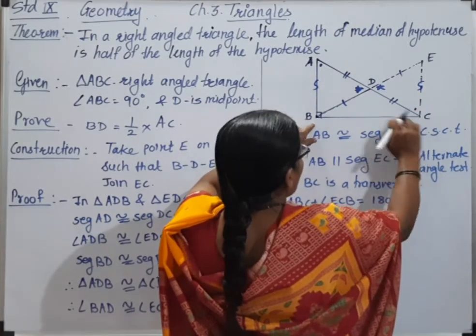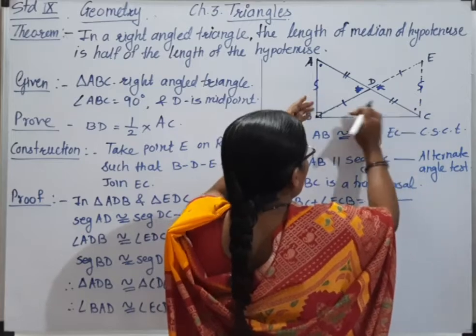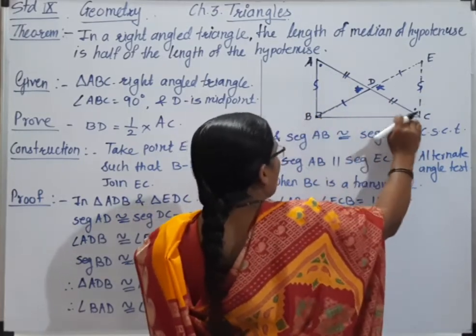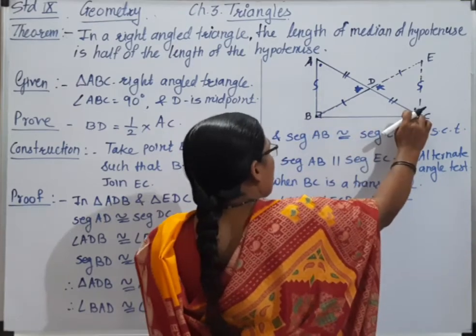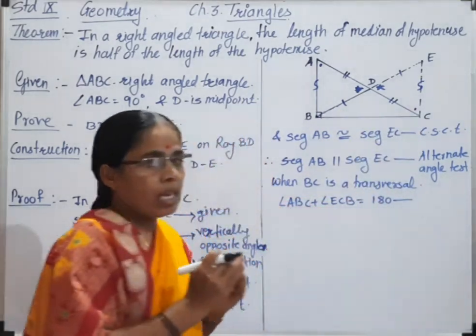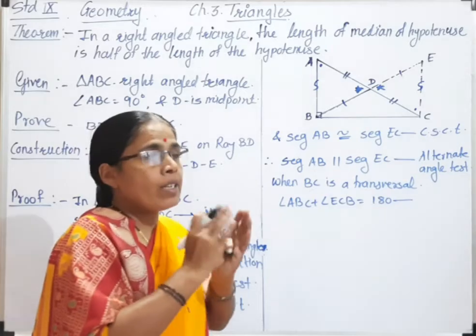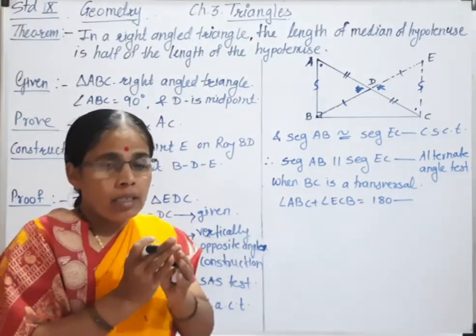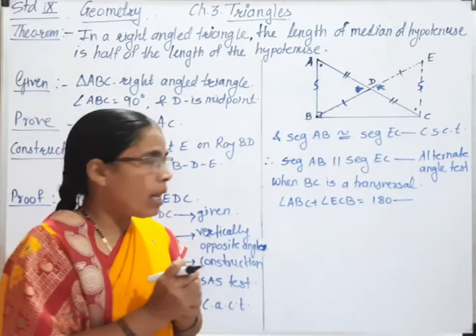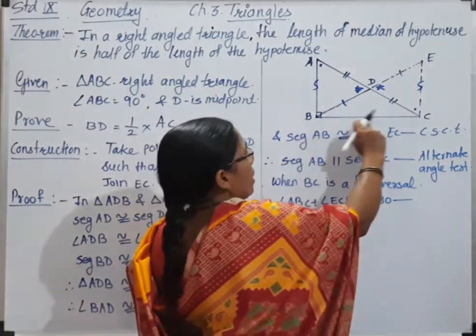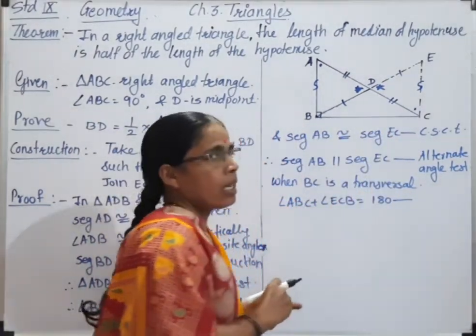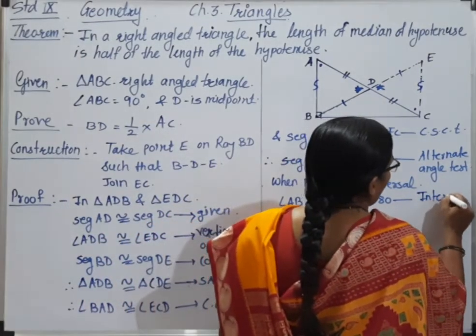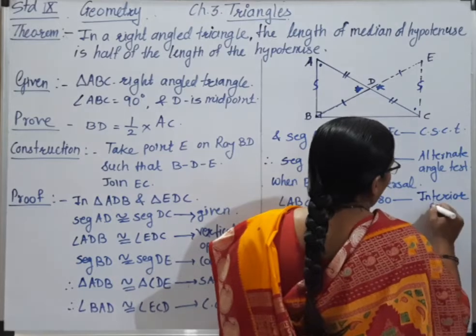So on this BC transversal, these two angles are interior angles. You can see this C shape, and these are the interior angles. The angles which are on the same side of the transversal, and in the interior of these two parallel lines, are interior angles, and interior angles are supplementary. So here the reason is interior angles.